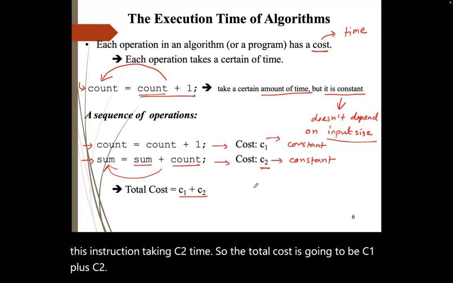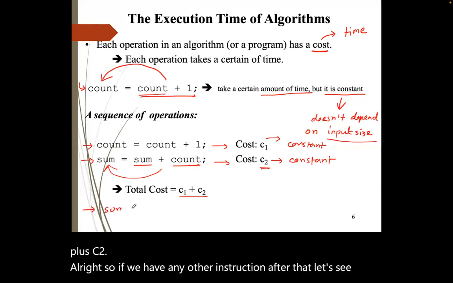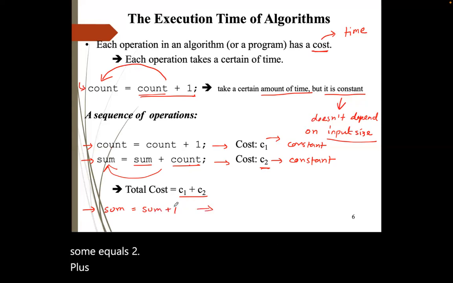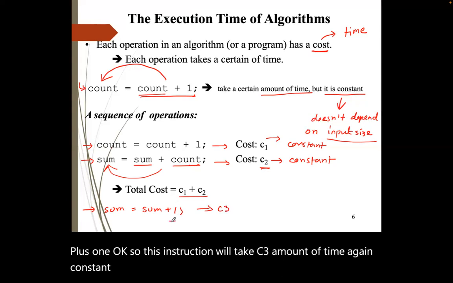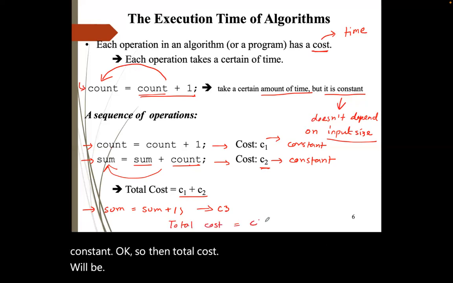If we have any other instruction after that, let's say sum equals sum plus 1, this instruction will take C3 amount of time, again constant. So then the total cost will be C1 plus C2 plus C3.